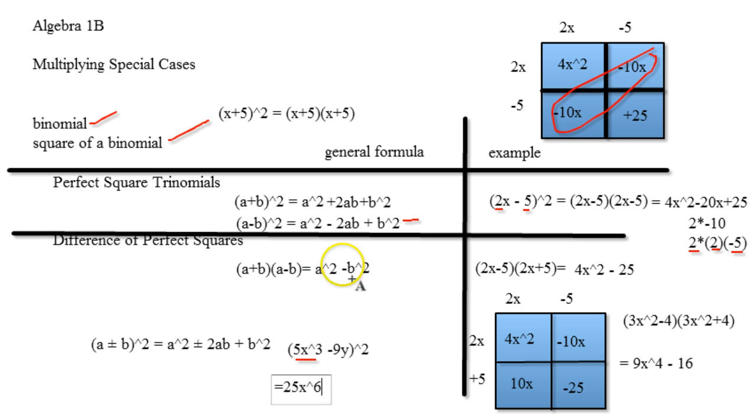Makes sense? And then minus, 2 times 5x cubed, which is 10x cubed, times 9y, which is 90x cubed y. And look at that, that's really nice.